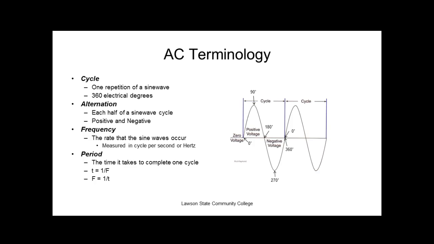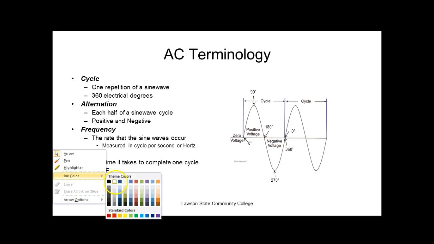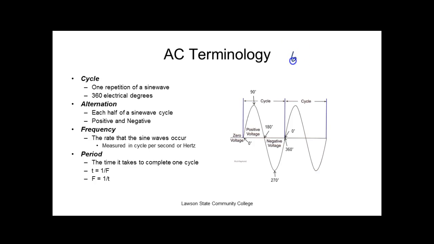Now, the period is the time it takes per cycle. So if I had 60 cycles per second, then how long would one cycle take? It would take 1/60th of a second.